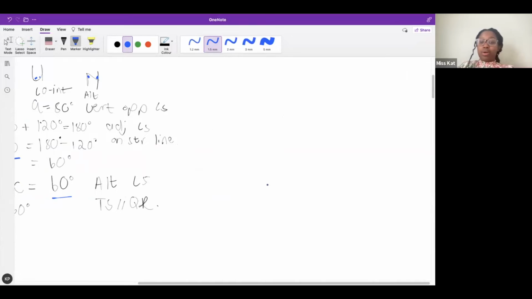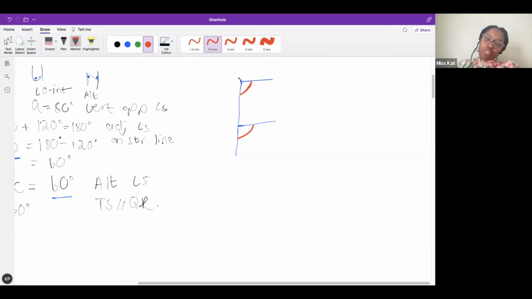Okay, let's talk about parallel lines. So we have an F. Obviously the F could be slanted or whatever, but the point is look for an F. The two angles on the inside, so that one and that one, are on the same side of the transversal.